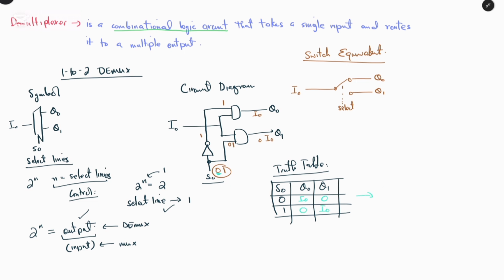So in a simplified case, for S naught equal to 0, Q naught is equal to I naught, and when it is 1, Q1 is equal to I1. So this is the truth table that represents the 1 to 2 demultiplexer.